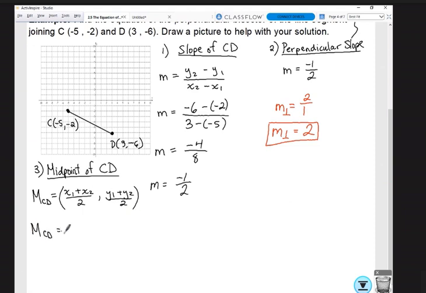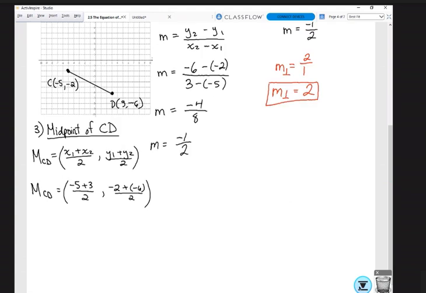The midpoint of CD is negative 5 plus 3 over 2, comma, negative 2 plus negative 6 over 2. Close the bracket because this is a coordinate.